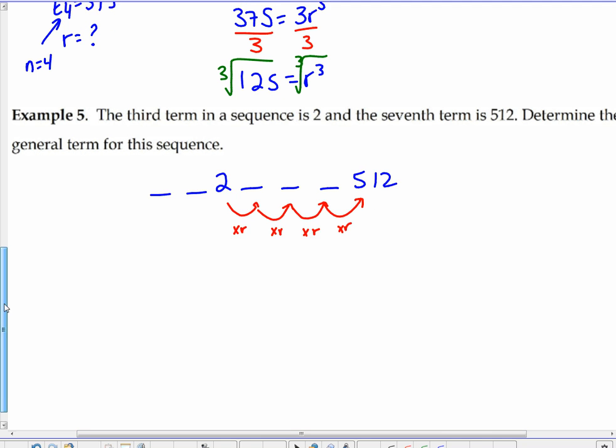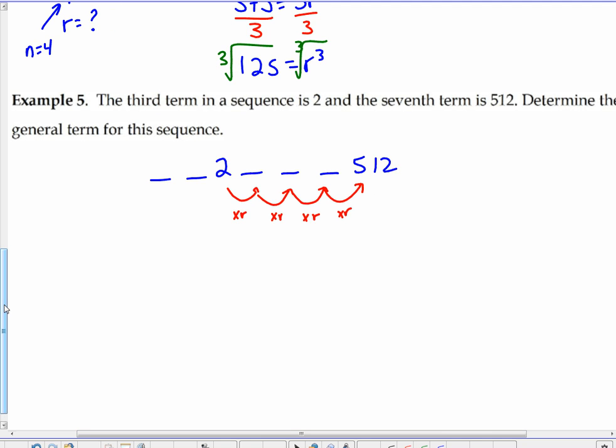Right? So then, would you agree that our 7th term is equal to my 3rd term times r to the power of 4? So we get to our 7th term by taking the third term and multiplying by that common ratio 4 times. Or 512 equals 2 times r to the power of 4.